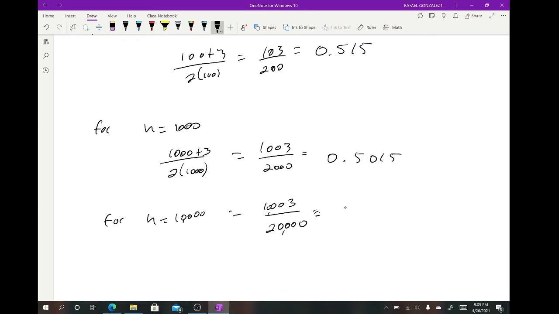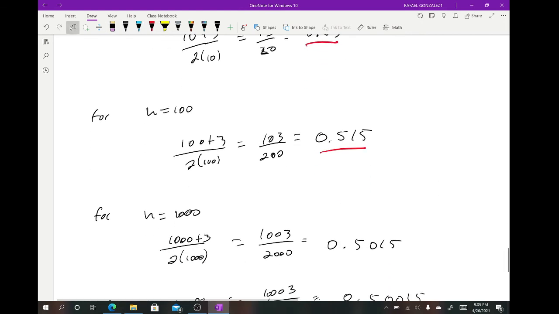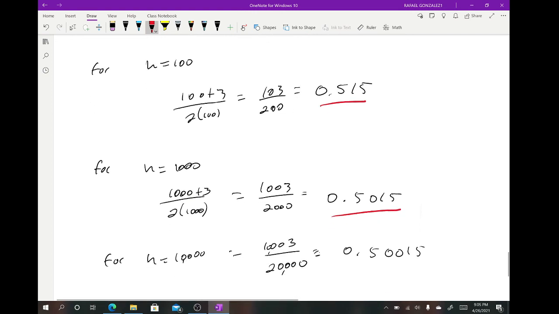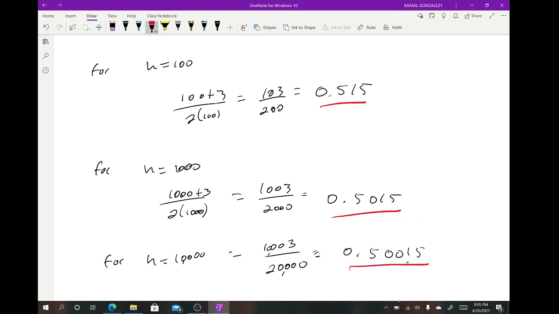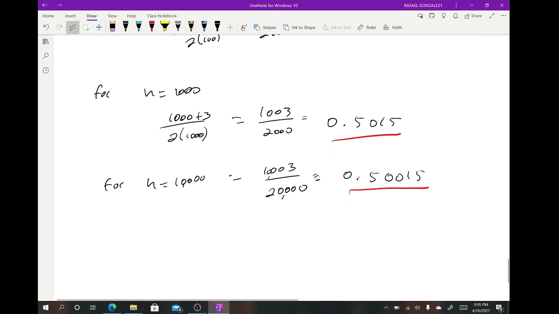The fourth one is going to be 0.50015. Notice what's going on. We went with 0.65, then 0.515, then 0.5015, and then 0.50015. So we're getting closer and closer to 0.50.